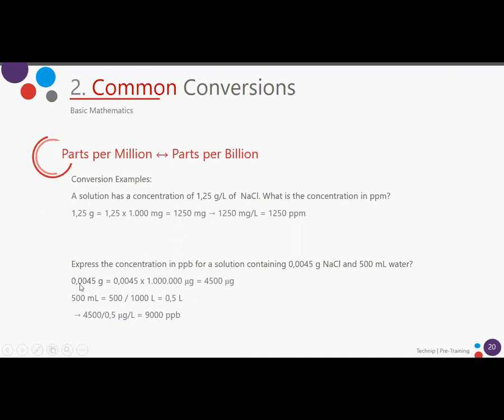So 0.0045 grams are 4,500 micrograms. Then we express our milliliters in liters, divided by 1,000. We know that 500 milliliters are 0.5 liters. We divide these two, 4,500 divided by 0.5 micrograms per liter, which will give us at the end a concentration of that solution of 9,000 parts per billion, ppb.